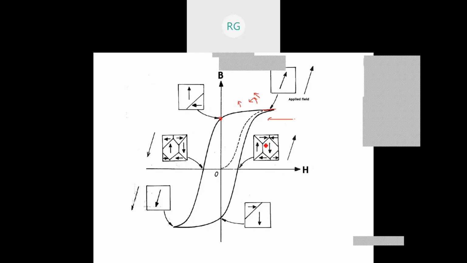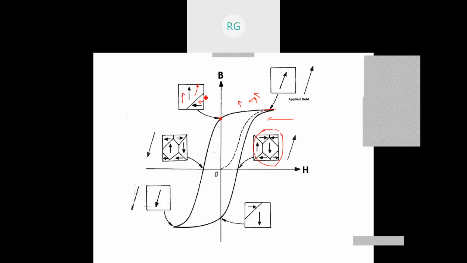all of the domains will not be coming back to their original position. Some of them are still in the same direction, and only a few of them get disturbed and come like this.